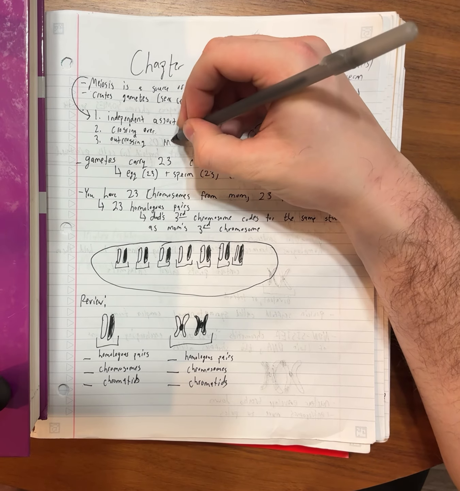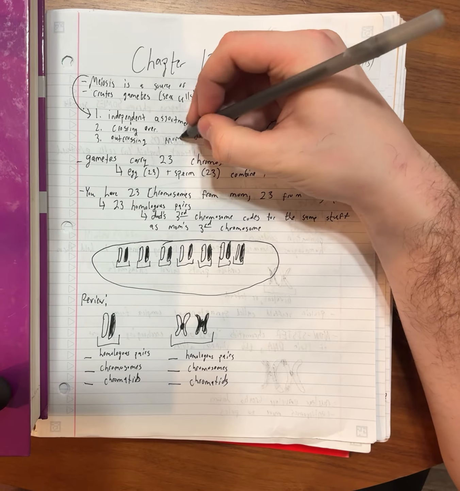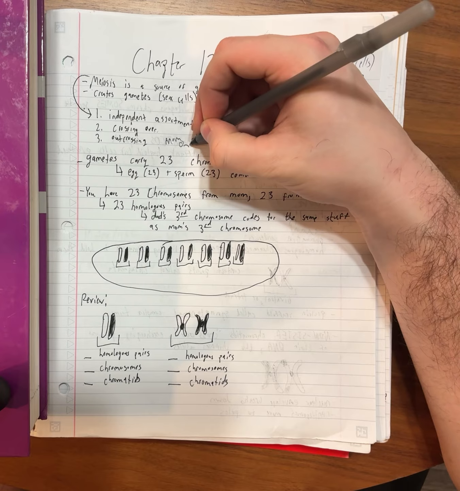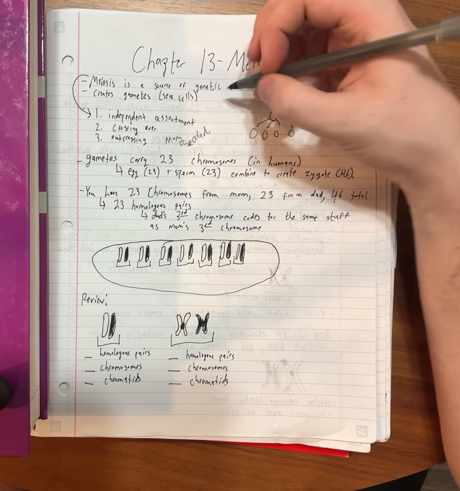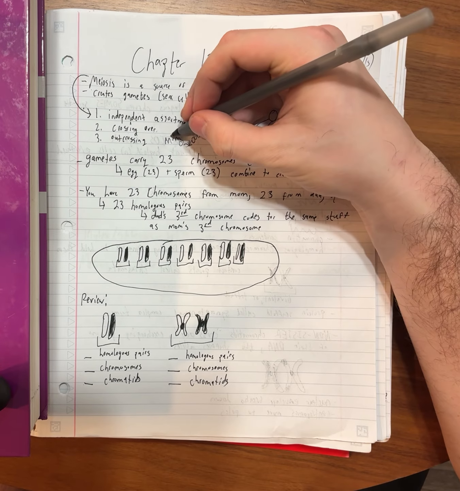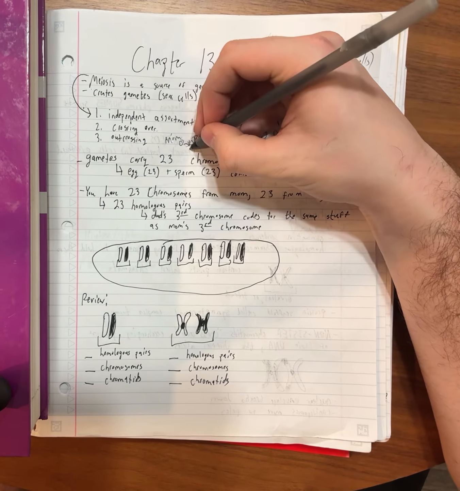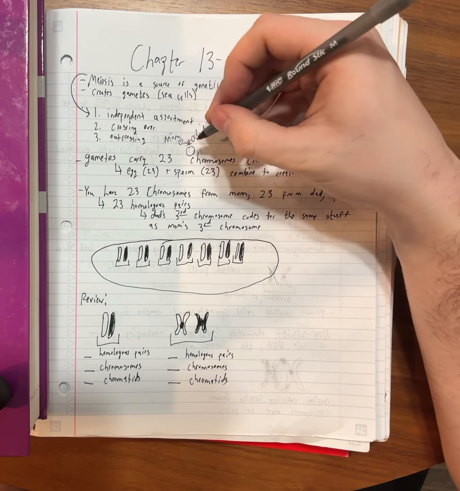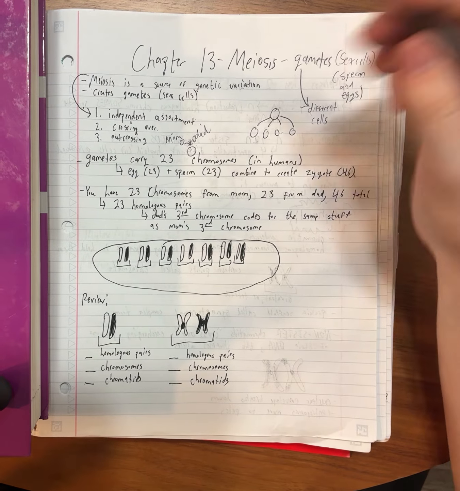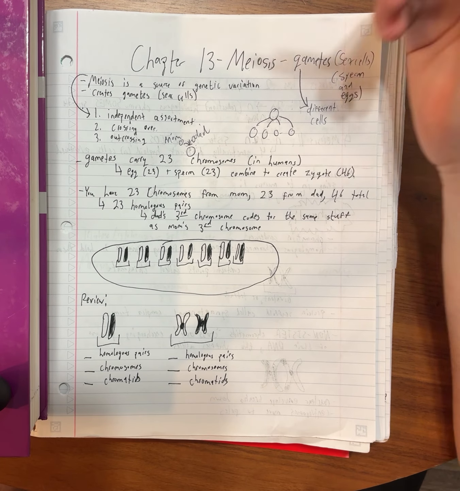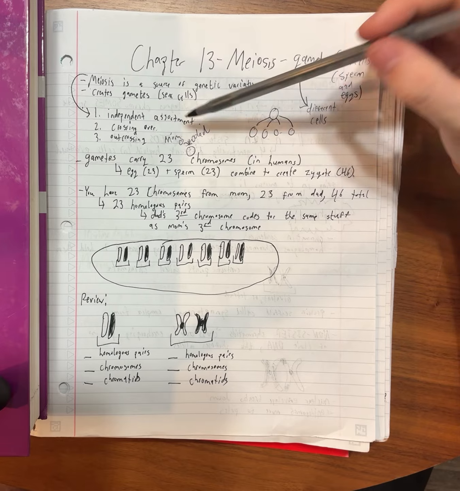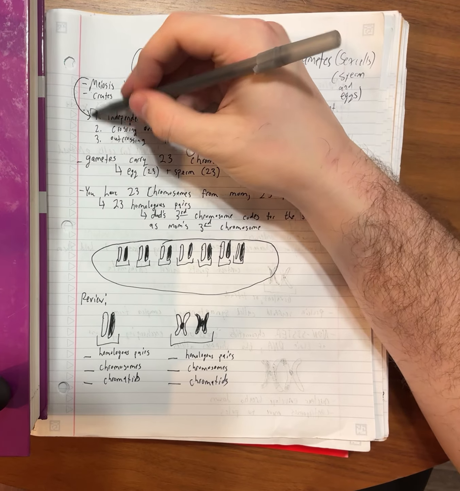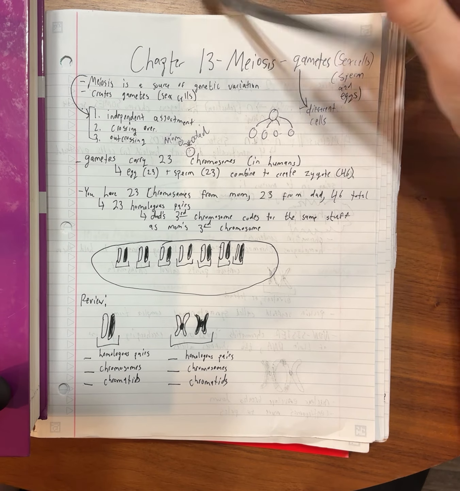That's when a mom and a dad love each other very much, yada, yada, yada, they each donate one gamete, so one egg from over here and one sperm from over here to produce a very unique cell that ends up being you. Wow, so cool. So those are the 3 ways that genetic variation happens.